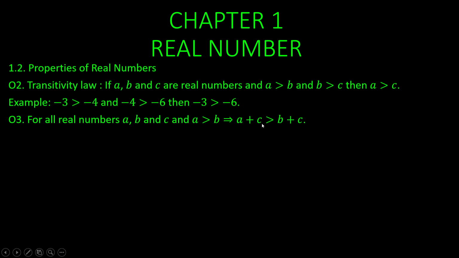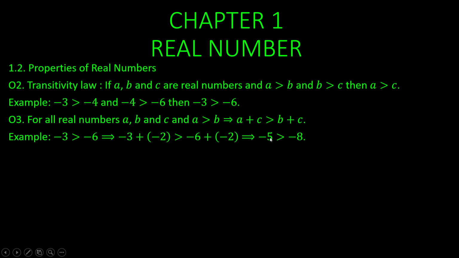Third order rule, for all real numbers a, b, c, if a is greater than b, then a plus c will be greater than b plus c. That means if we add any real number to both sides of an inequality, then the sign of the inequality won't be changed.